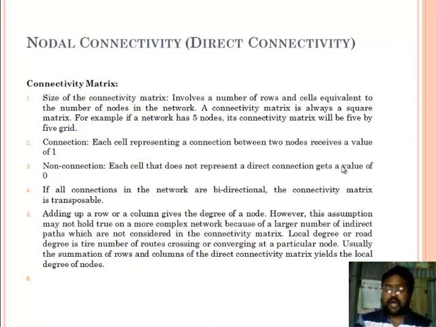However, this assumption may not hold true on a complex network because of a large number of indirect paths which are not considered in the connectivity matrix. Local degree or road degree is the sheer number of routes crossing or converging at a particular node. Usually, the summation of rows and columns of the direct connectivity matrix yields the local degree of nodes.